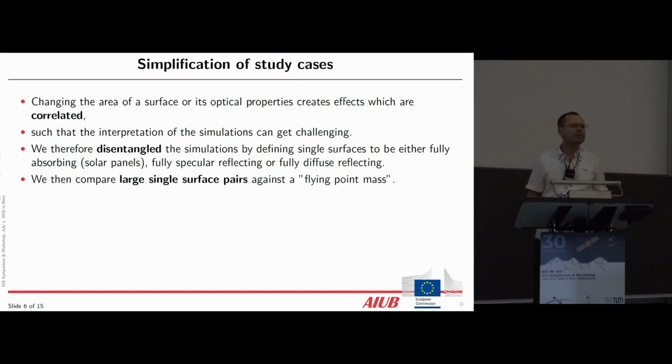So the interpretation of the simulation can get challenging, you can easily mess up. We therefore disentangle the simulations by defining single surfaces to be either fully absorbing, fully specular reflecting, or fully diffuse reflecting. We then compare large single surface pairs to, so to say, a flying point mass. This is depicted here.